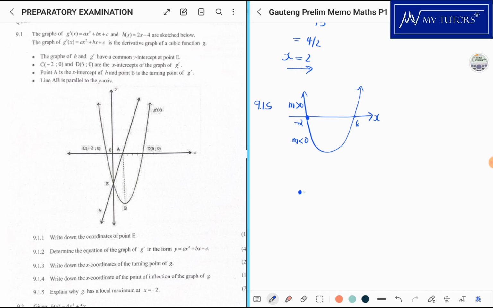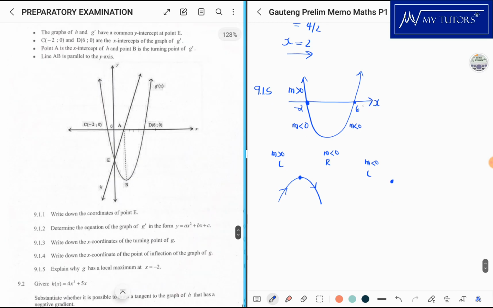If you have a turning point, on the left side we know that the gradient is bigger than 0, on the right side the gradient is smaller than 0. If it's bigger than 0, it should be doing this; if it's less than 0, it should be doing that. And if you look at 6, that's the turning point: on the left hand side, the gradient is less than 0, and on the right hand side, the gradient is bigger than 0.